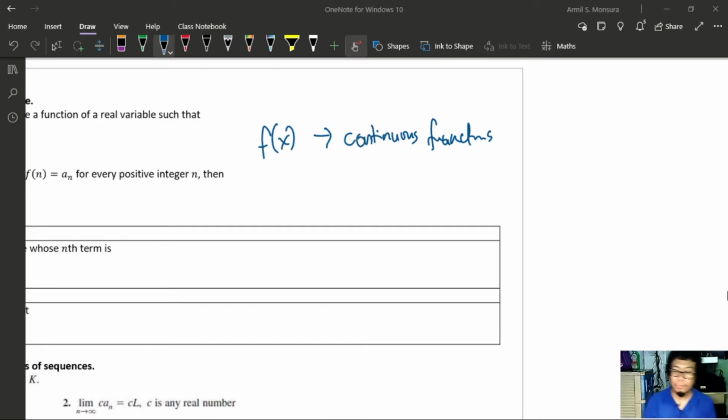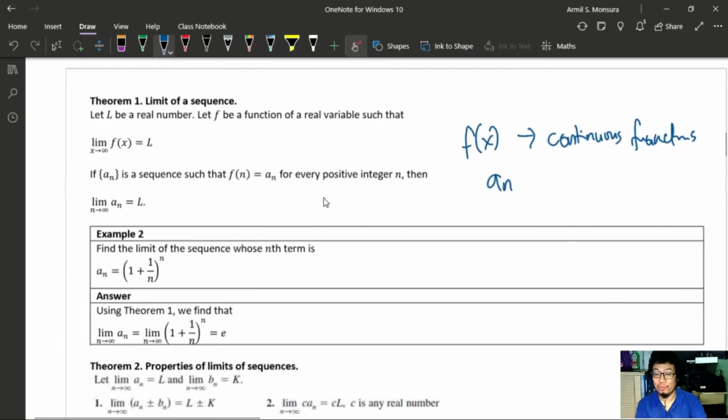We can only evaluate the limits of continuous functions. So in order for us to evaluate the limit of a discrete function such as a sub n, we need Theorem 1 to do that.